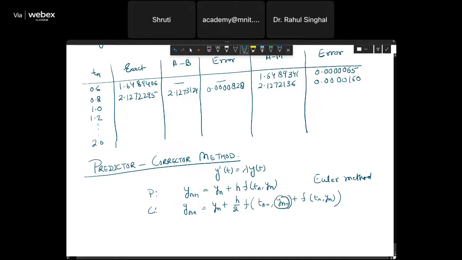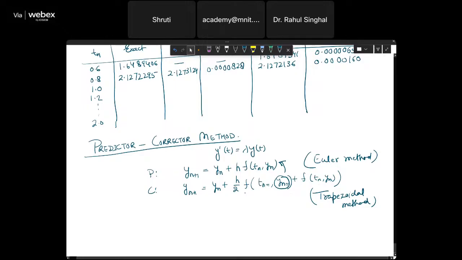This yn plus 1 in the computation of the function f will be the one which we obtain with the help of the predictor method, the Euler method. So the Euler method plays the role of predictor, while the trapezoidal method plays the role of corrector. This combination of explicit and implicit methods gives us the predictor corrector method.